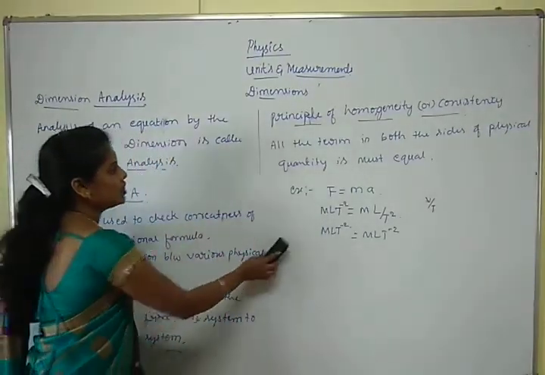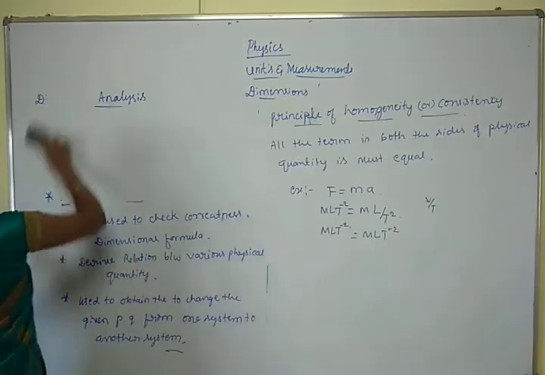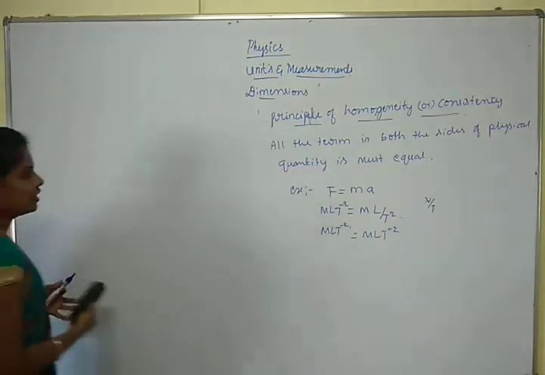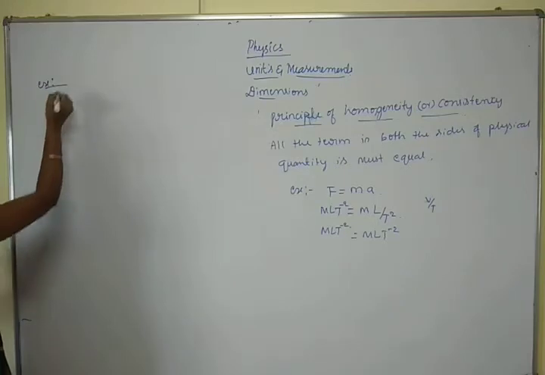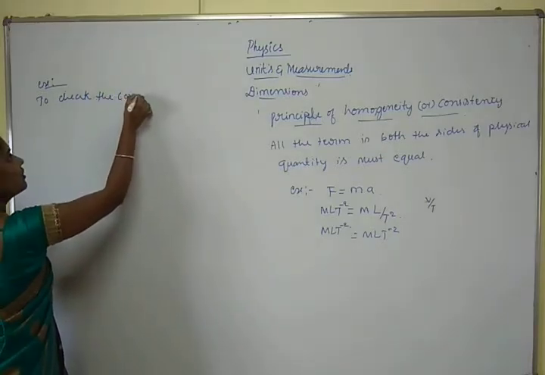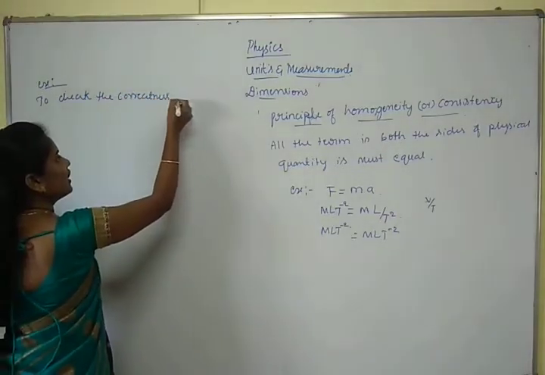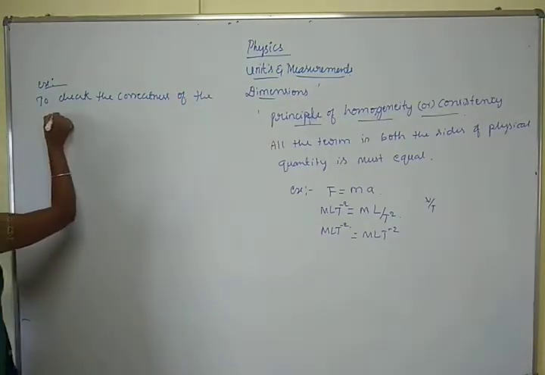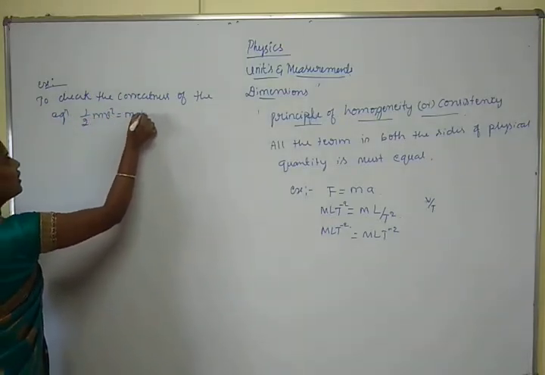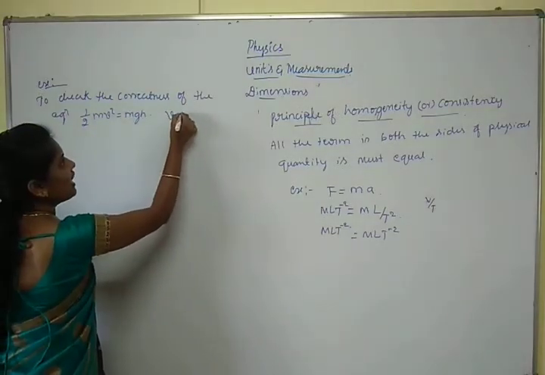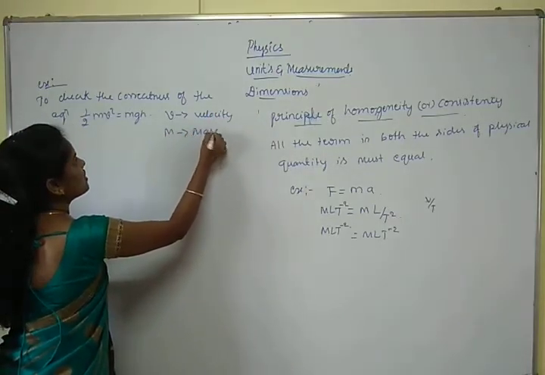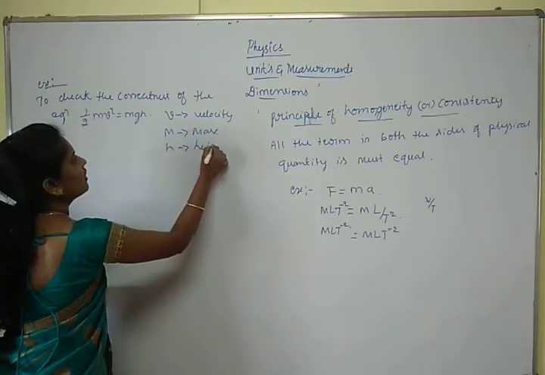The next example is to check the correctness of the equation half m v squared equals m g h, where v represents velocity, m represents mass, and h represents height.